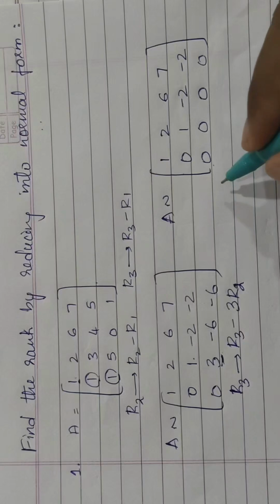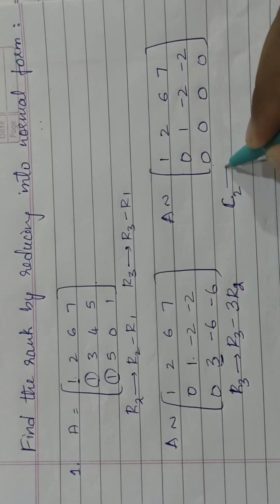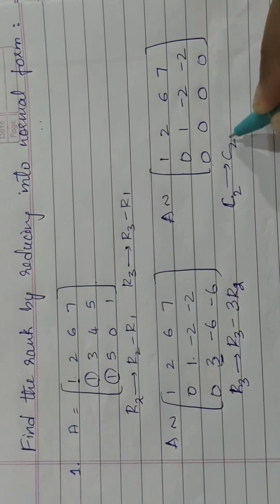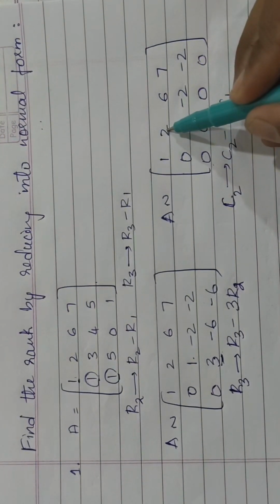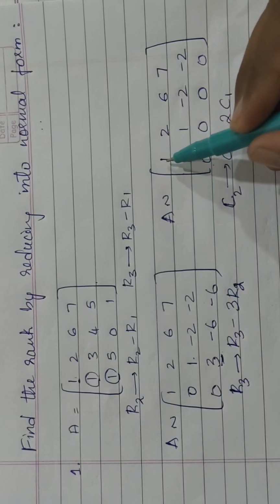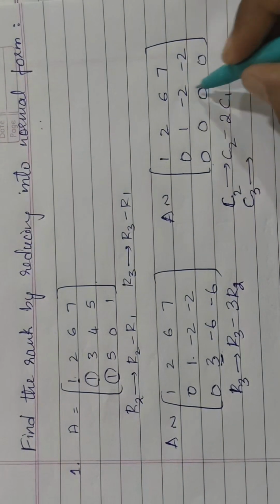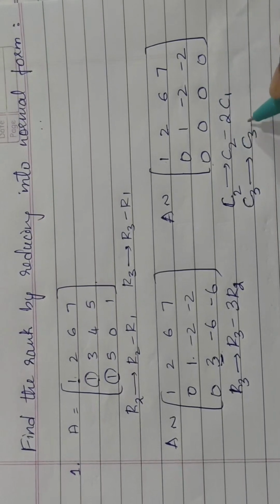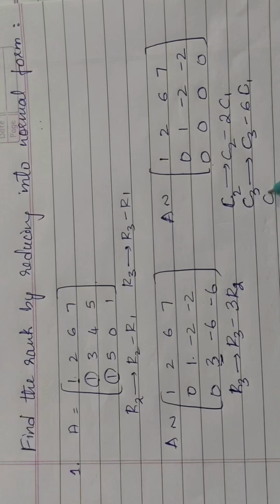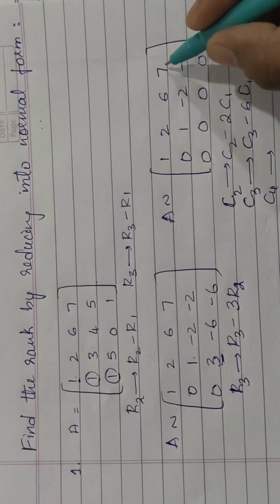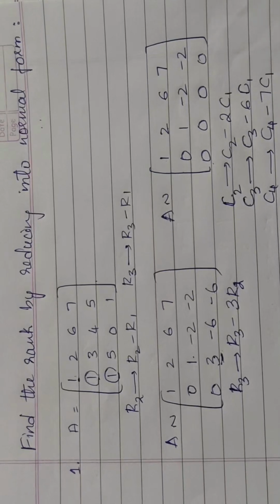The transformation is column 2 changing to C2 minus 2 times C1, because we have plus 2 here. Next, C3 changing to C3 minus 6C1, and C4 changing to C4 minus 7C1, because we have plus 7.